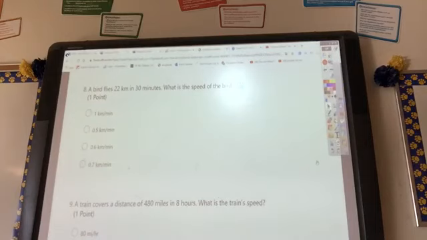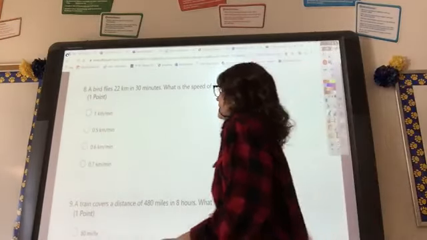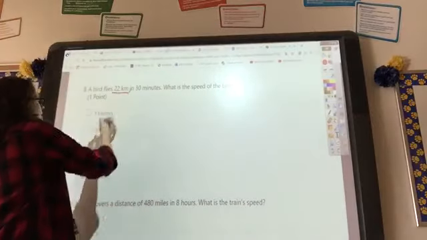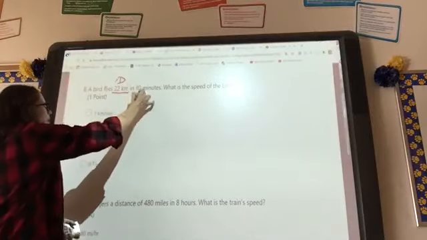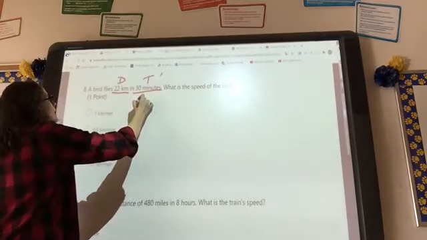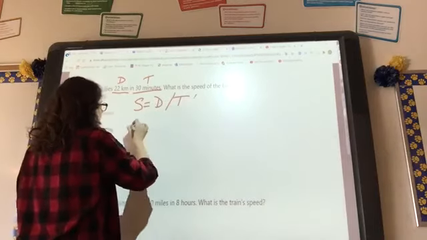Number 8 says, a bird flies 22 kilometers in 30 minutes. That seems like a long ways. What's the speed of the bird? So, same as always, distance first. We'll put a D on top. 30 minutes. There's our time. Speed equals distance divided by time.